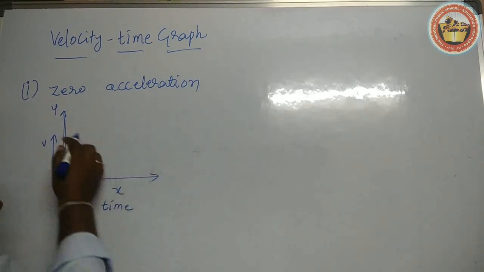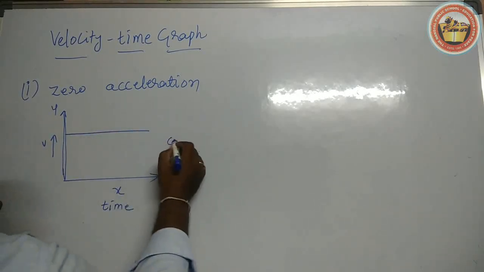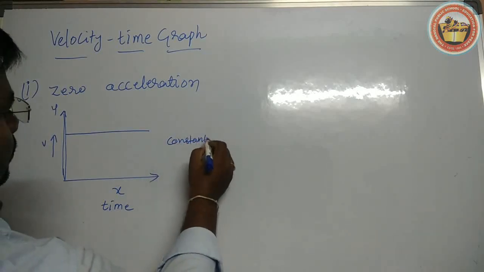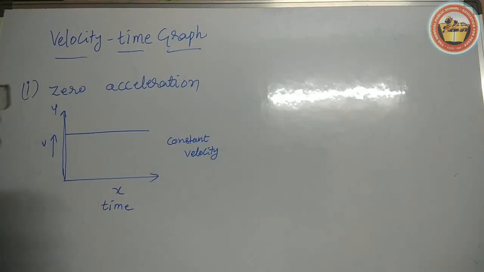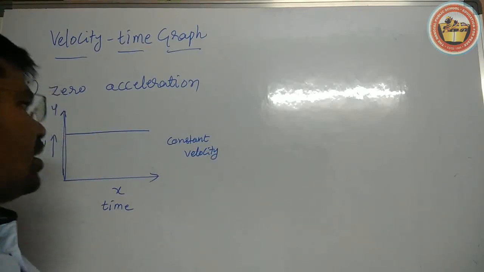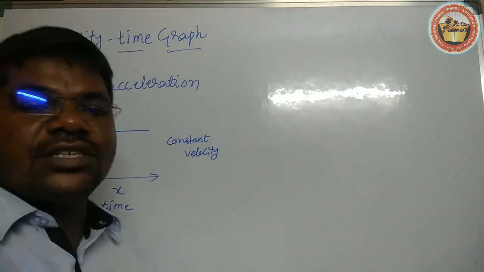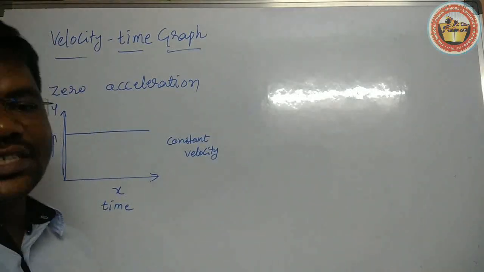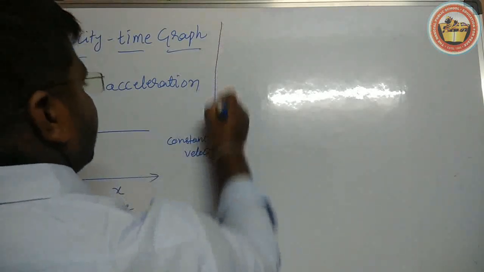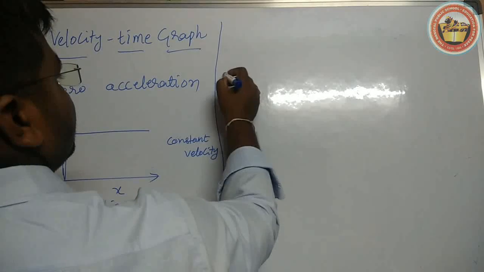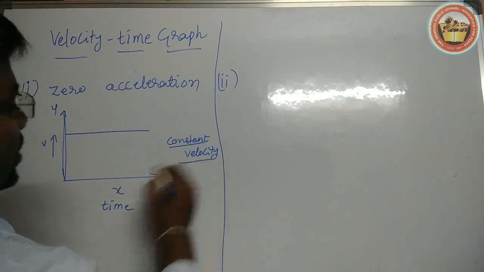Zero acceleration means constant velocity, which means the rate of change of displacement is the same at every second. The velocity of the body does not change with time.